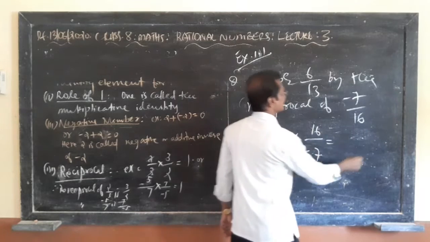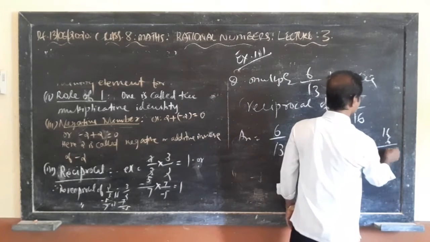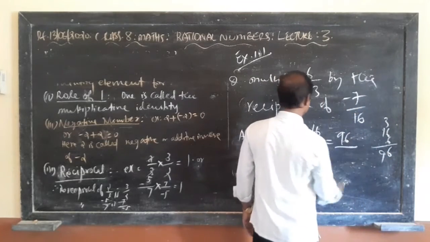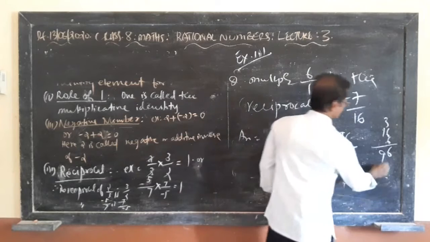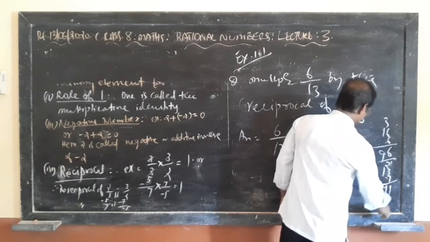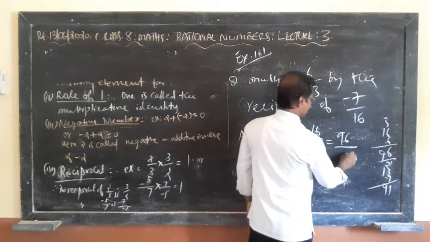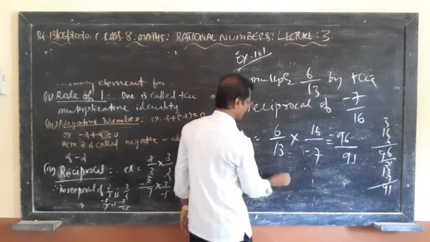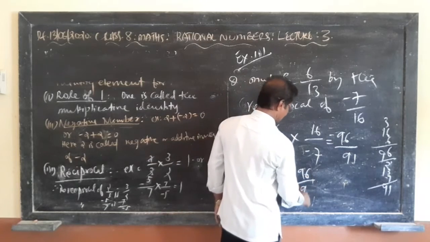Now 16 into 6: 6 sixes are 36, 96. So that is 96 upon 13 into 7, which is 91. Then the minus sign will be there.